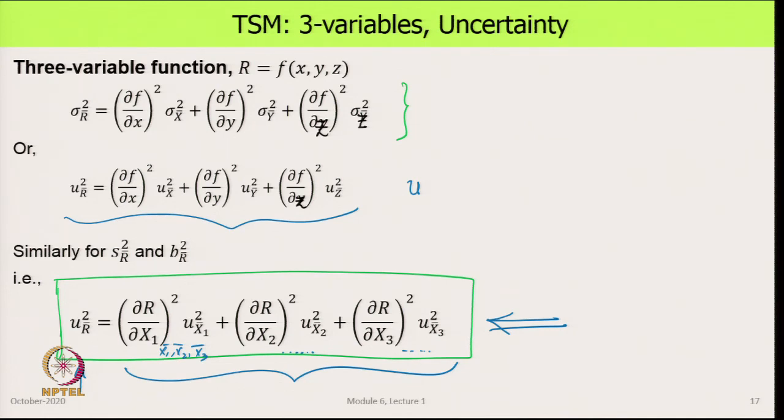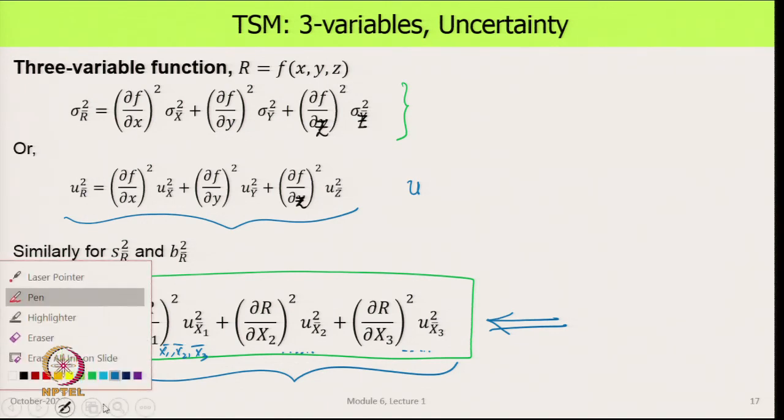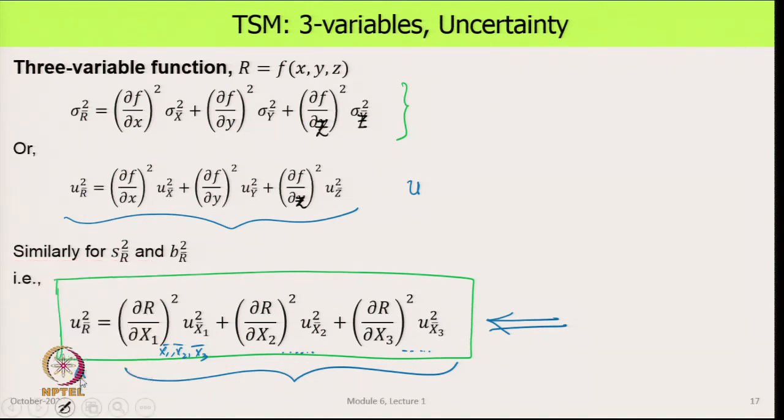So, what we are saying when we say propagation of uncertainty is how these errors end up finding a way into the uncertainty in the result. That is why this is called uncertainty propagation.